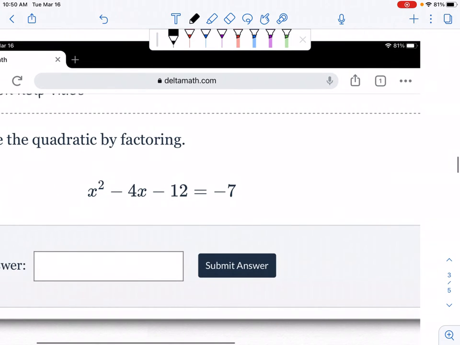In order to get this to say equals 0, I'm going to move whatever is chilling over here so that I can get it to say 0 now. So that's now a 0. And now I have x squared minus 4x minus 5 equals 0.